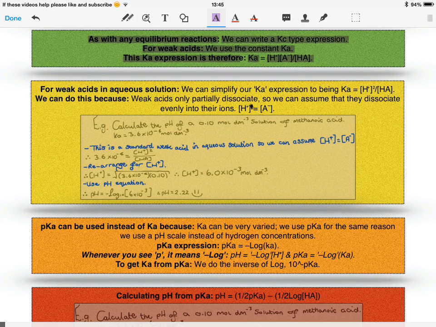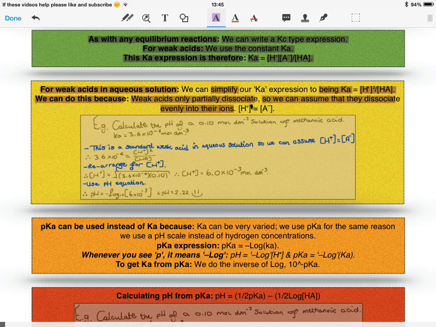Using this, for weak acids in aqueous solution, we can further simplify this equation into Ka equals [H+] squared over [HA]. The reason we can do this is because weak acids only partially dissociate in solution, so we can assume that they dissociate evenly into their ions.